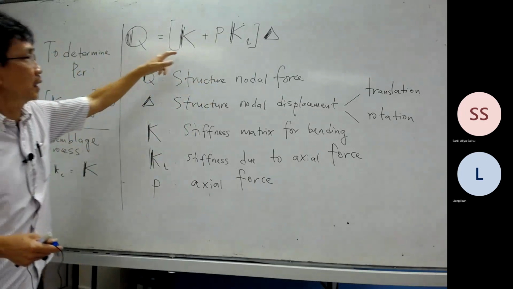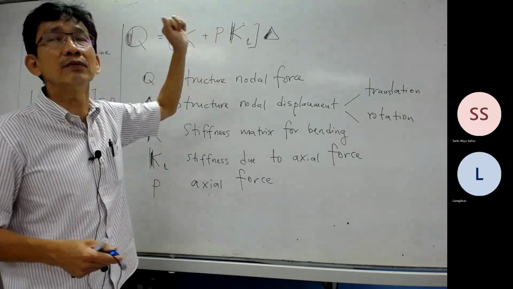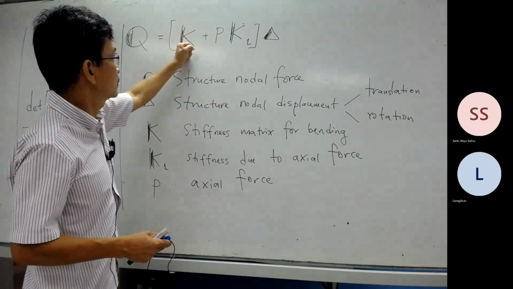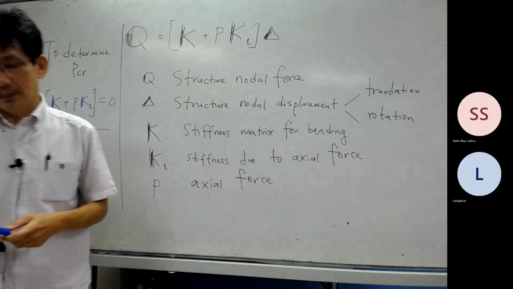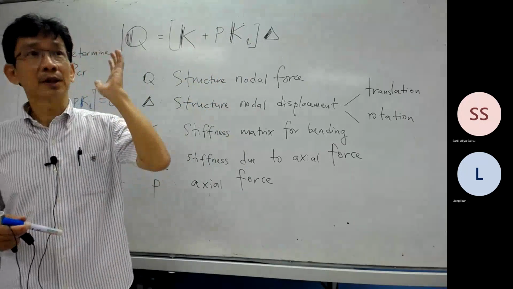Okay. And this K and this K1 will be given to you if the question asks to use the matrix method, so you will be given this matrix and this matrix. You don't have to memorize, so you can save some of the memory for other things.